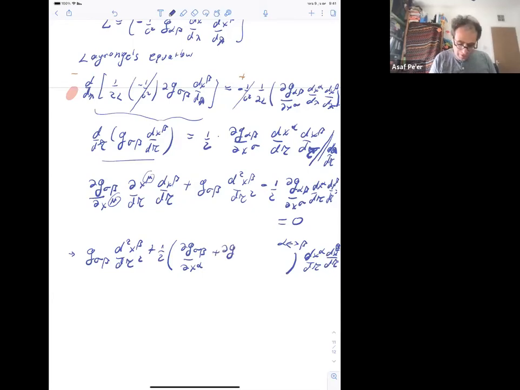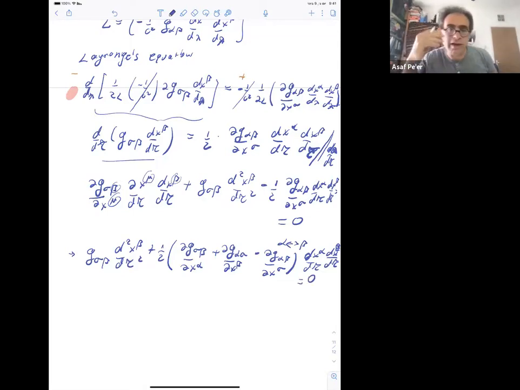Now, instead of this dummy index mu, I can write it down as sigma again, sorry, dummy index here would be a beta, dx beta. So dg alpha sigma over dx beta minus dg alpha beta over dx sigma times dx alpha d tau, dx beta d tau. This is equal to 0.